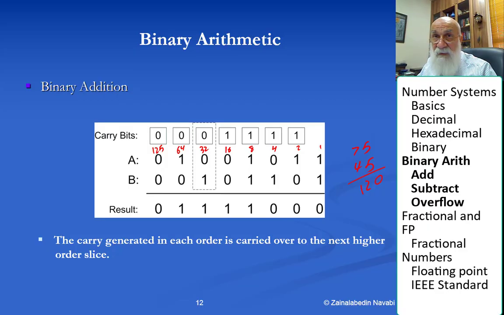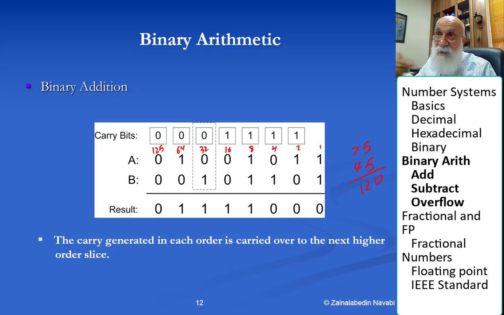Now let's do the binary. In binary, I do exactly what we do in decimal, except that our digits are only 0 and 1, and the carry that we have is only either 0 or 1.